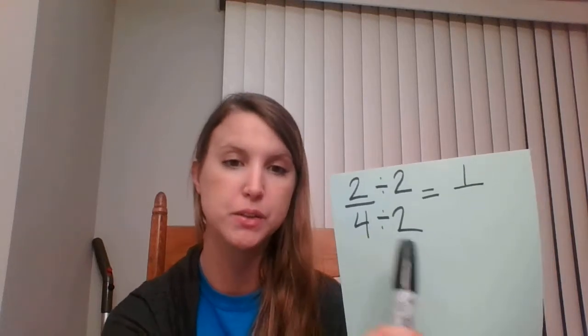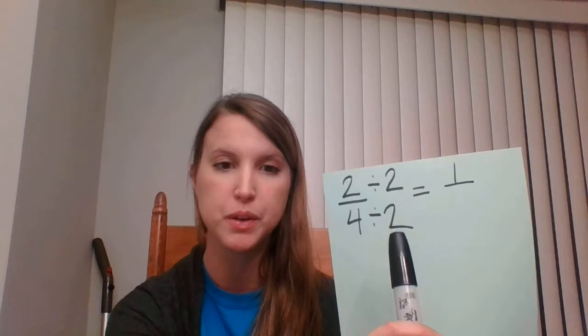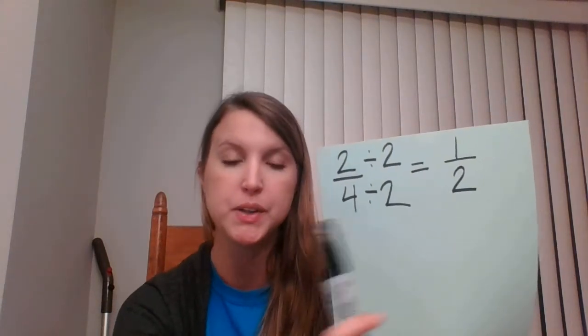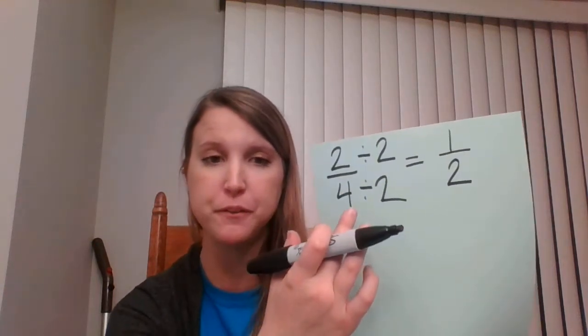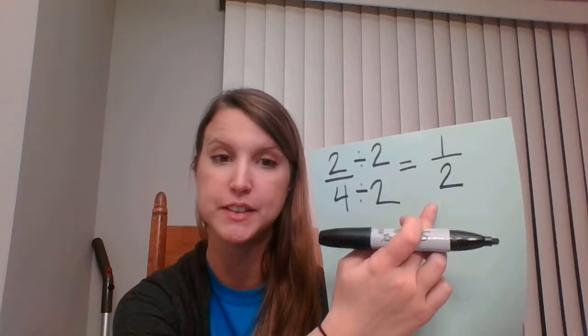All right, now let's work with our denominator. 4 divided by 2 must be 2 because 2 times 2 equals 4. So that means 2/4 in simplest form, in simplest terms, is 1/2. And we all know that 2/4 is equivalent to 1/2.